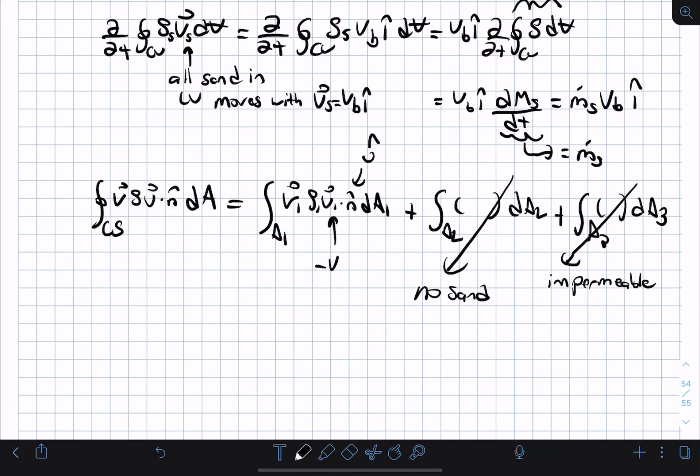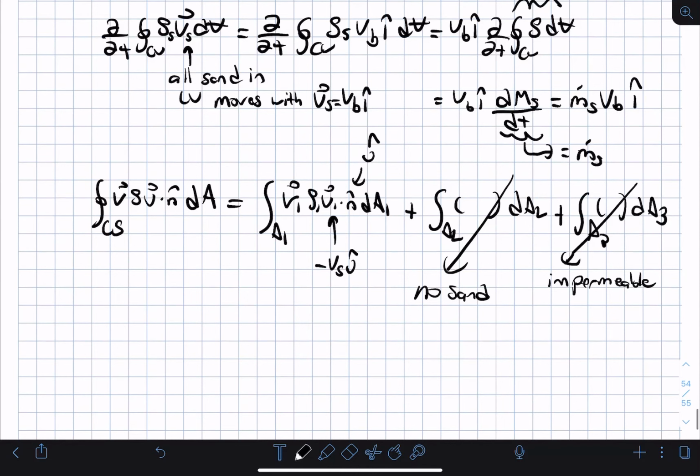V1 is minus the sand velocity, whatever that is, falling down, j hat. So V1 here is just minus Vs j hat.